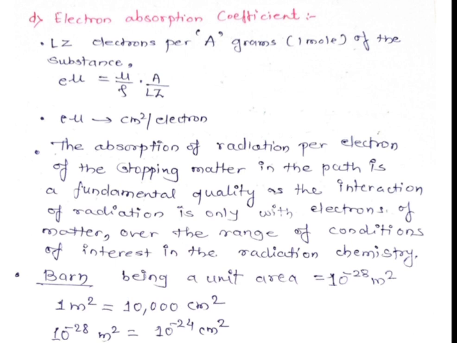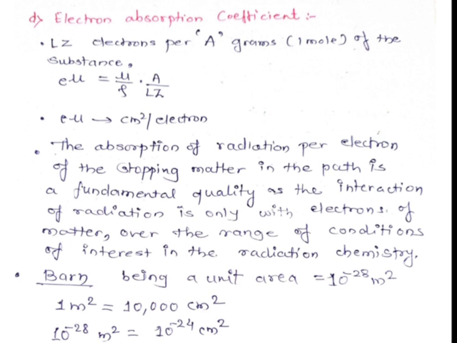So here the matter will interact with the radiations, and the electrons of the matter are very important. They will stop the radiations which we have bombarded initially.